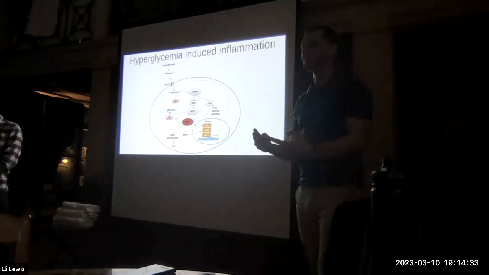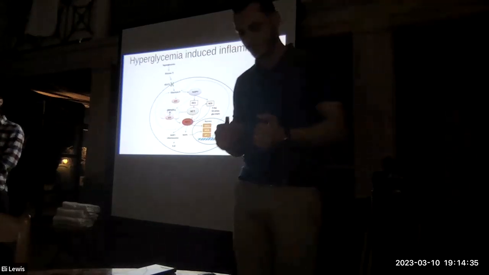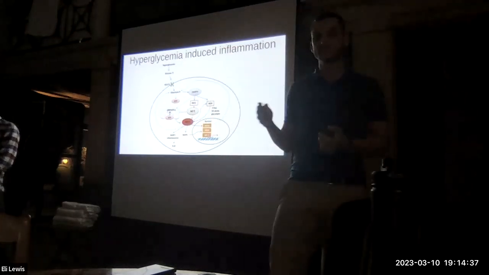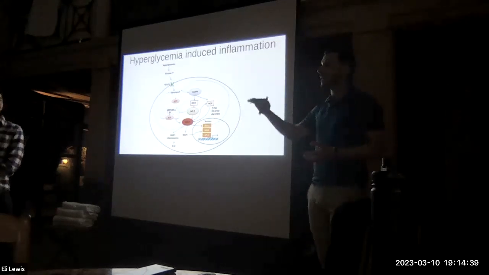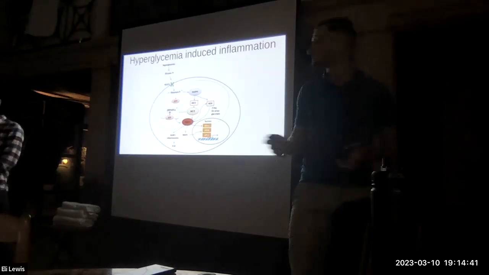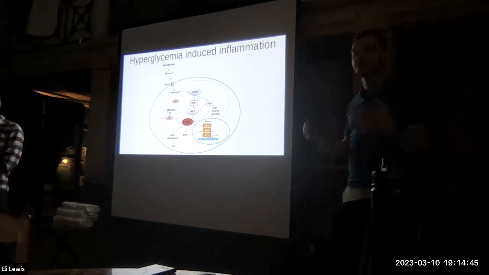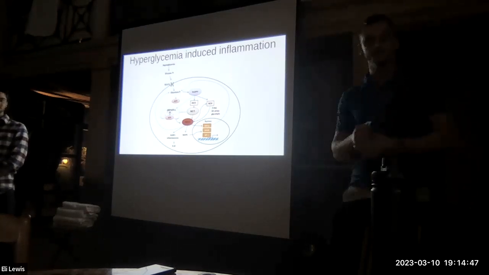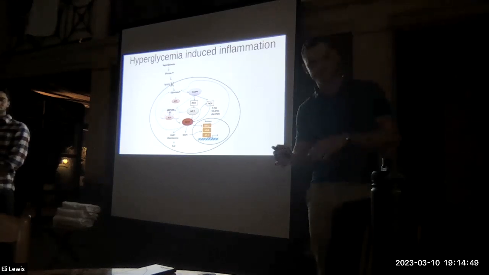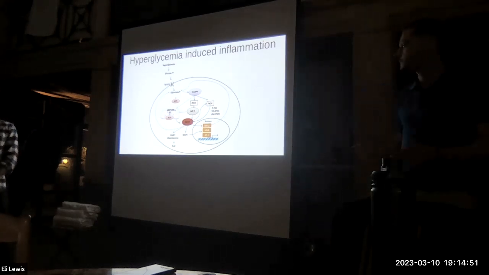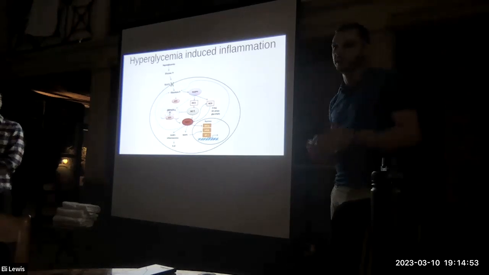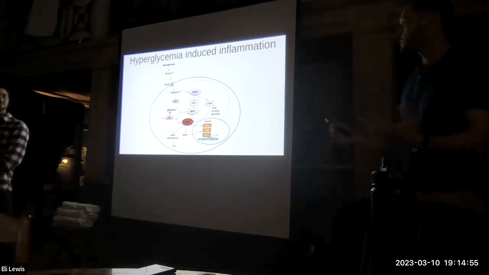G6P is a substrate of two possible metabolic pathways. One is to go straight into glycolysis and go on, and the other is the pentose phosphate pathway, in which there is a production of a substance called NADPH. It's important for different processes in the cell. In the pentose phosphate pathway there is a production of NADPH, and the NADPH has different roles in the cell.